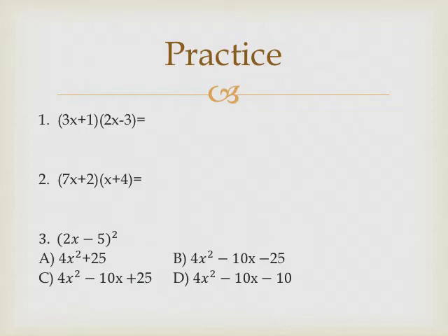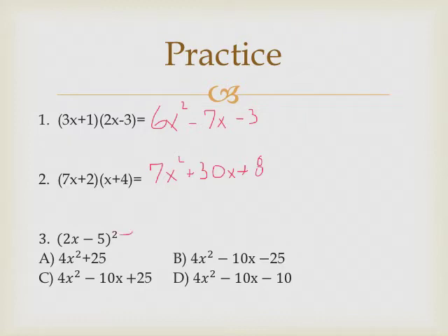Alright, so for our first practice question up here, we should come up with the simplified answer 6x squared minus 7x minus 3. Our second answer down here should come to 7x squared plus 30x plus 8.